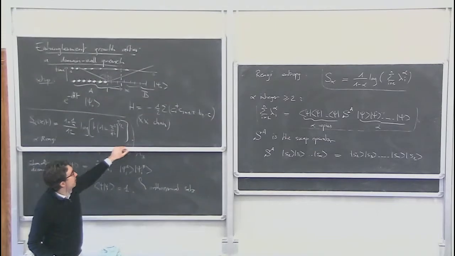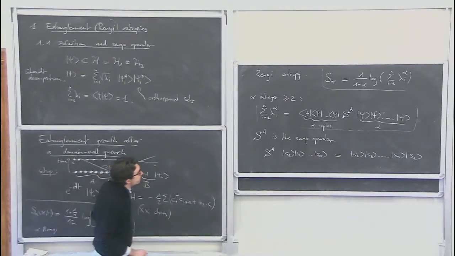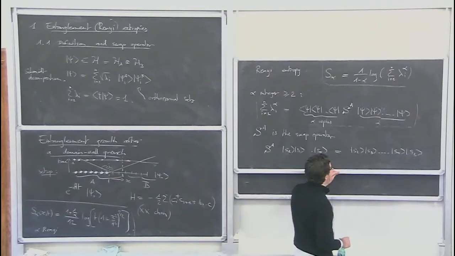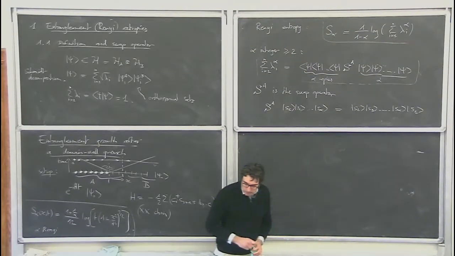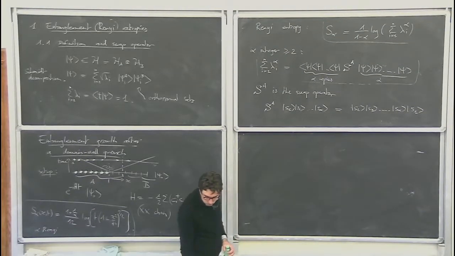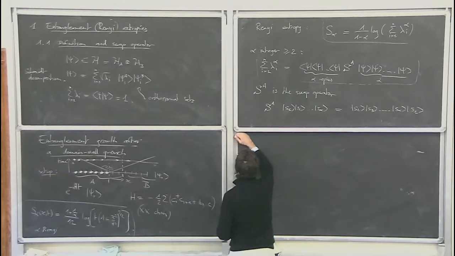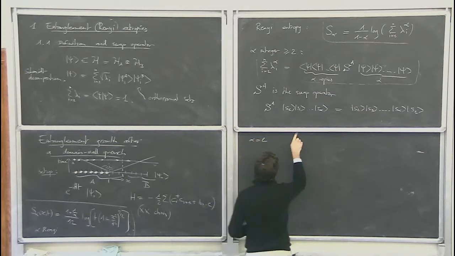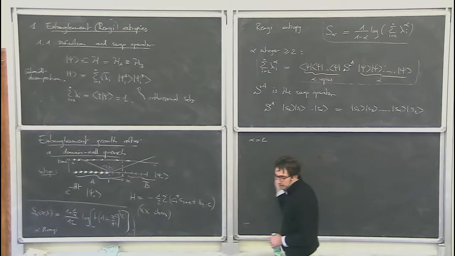But let me then briefly explain why this is the case. Let me do it really explicitly, but just for alpha equals 2. Then if you want to do it more generally, you can do it as an exercise.